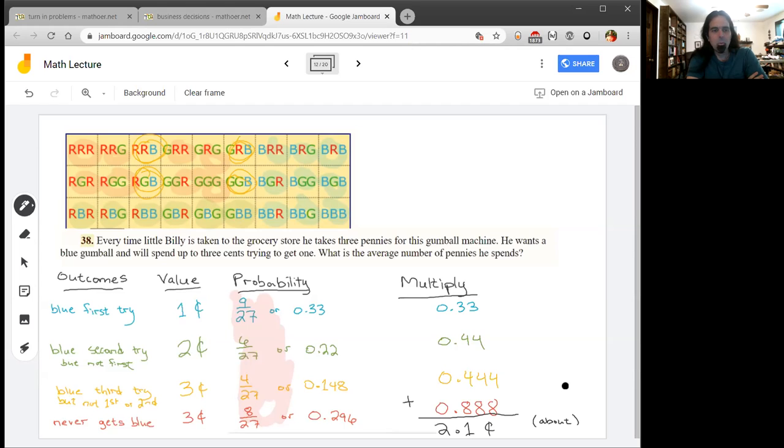So this is more work, but it's not bad work. All we did was pick some values, did some counting, multiply it across, and then at the very end, add everything up.